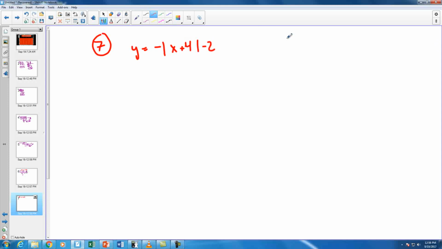Now, if you remember the formula, y equals a absolute value of x minus h plus k, you always switch the one that's with x and leave the other one alone. What we're looking for to start with is the vertex.